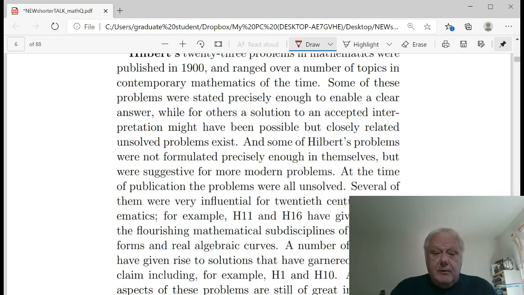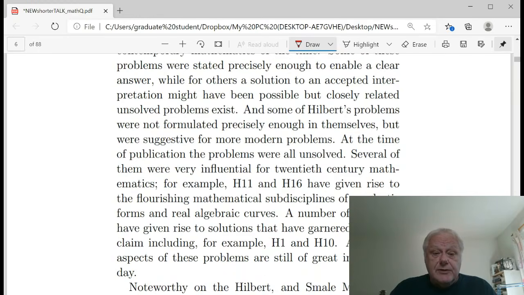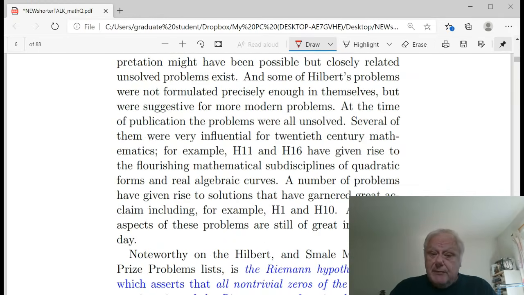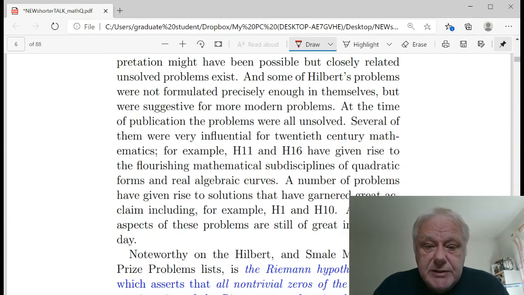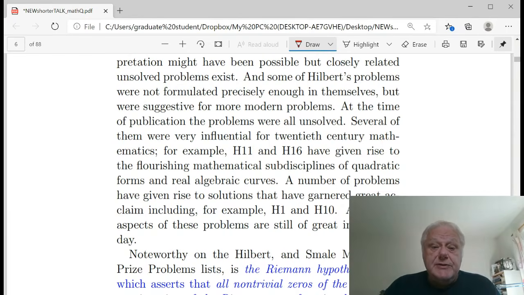At the time of publication, all of the problems were unsolved. Some of them were very influential. These numbers, H11 and H16, are the numbers of the actual problems in the list. The full list is in that paper reference that I gave, and the unsolved problems I'll indicate in a moment.